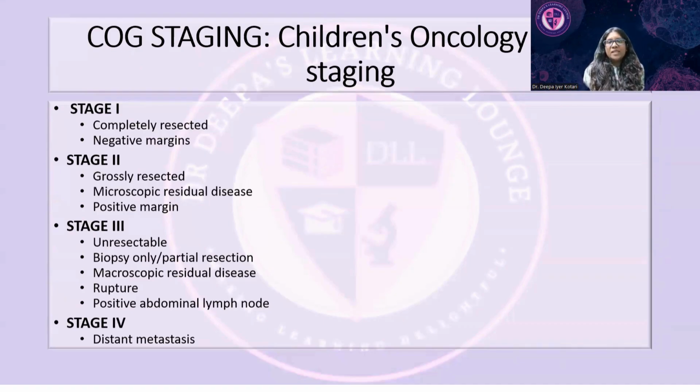Stage 2 means the tumor has been grossly resected, but microscopic residual disease is there, in the sense that on the frozen section you are seeing some positive margins. Stage 3 is unresectable disease or biopsy-only disease, where macroscopic residual tumor is present, and tumor rupture and positive abdominal lymph nodes are present. And stage 4 indicates distant metastasis, such as lung or other distant organ involvement. So it basically is the staging on surgery.